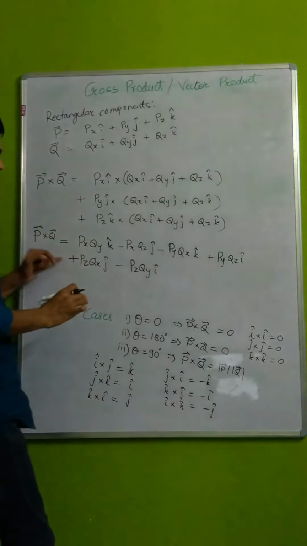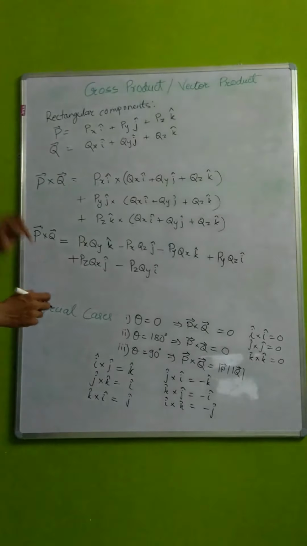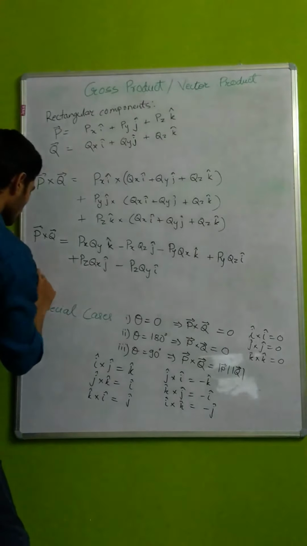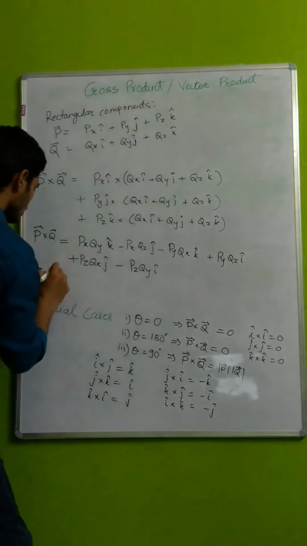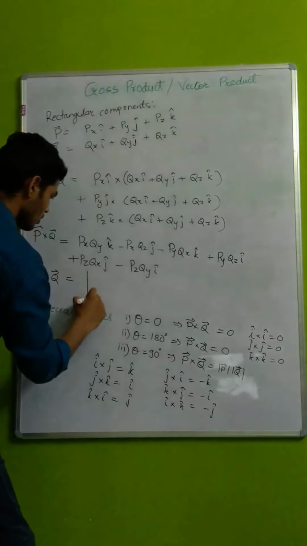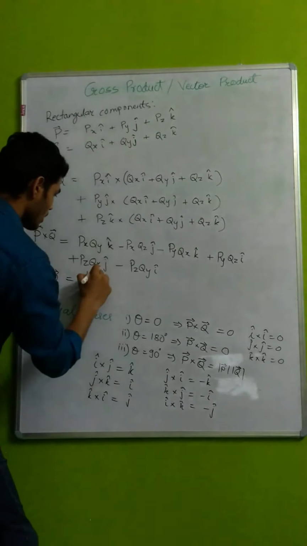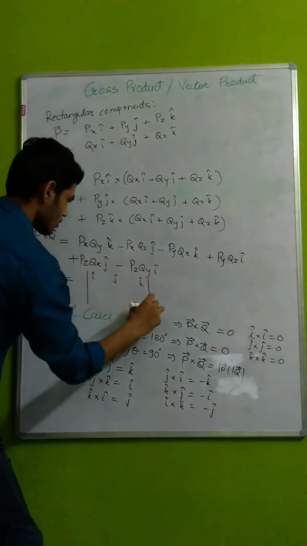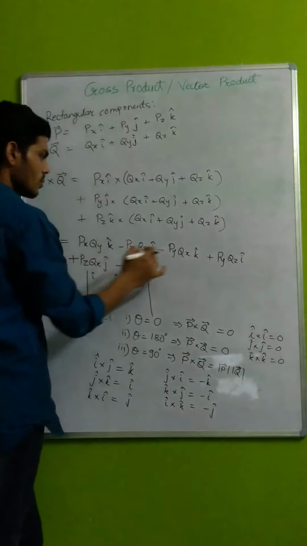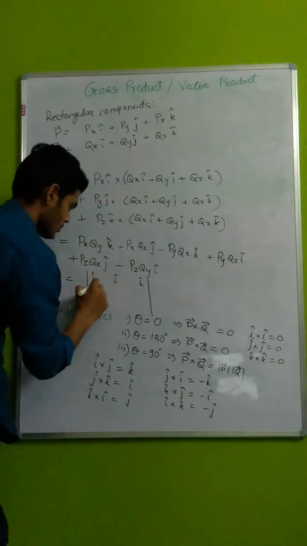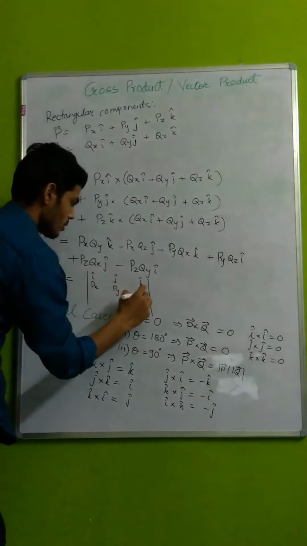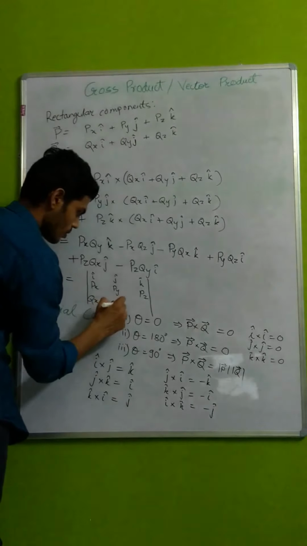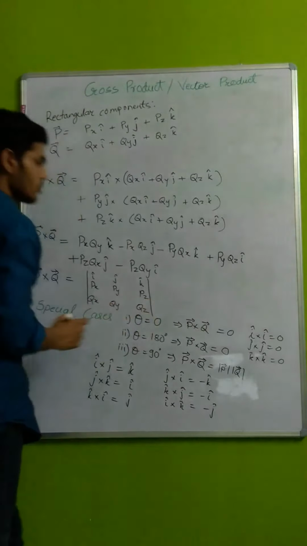So we have 6 terms. Now we can write this in matrix or determinant form. What is determinant form? P cross Q equals the determinant with first row i vector, j vector, k vector, second row Px, Py, Pz, and third row Qx, Qy, Qz.